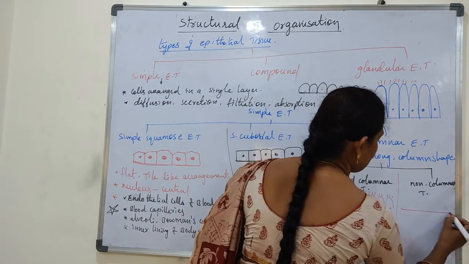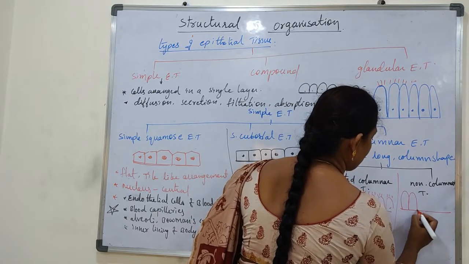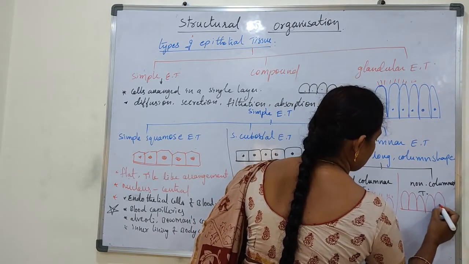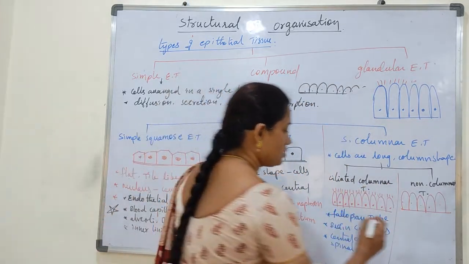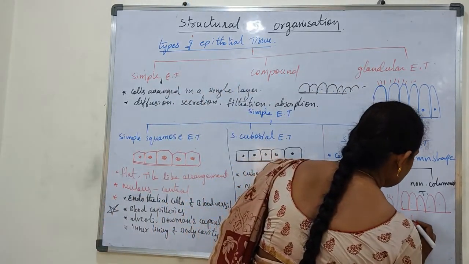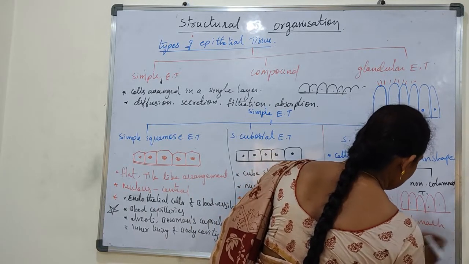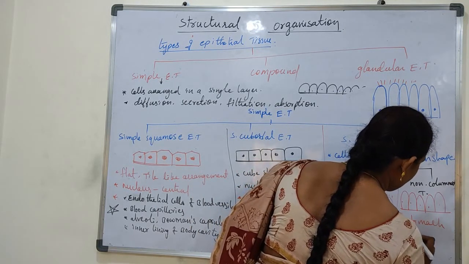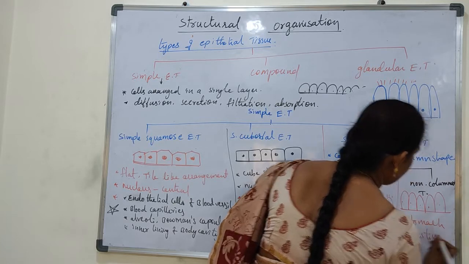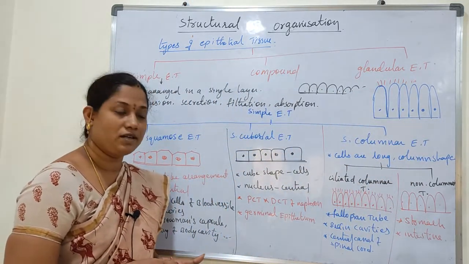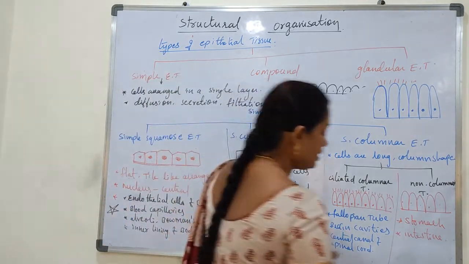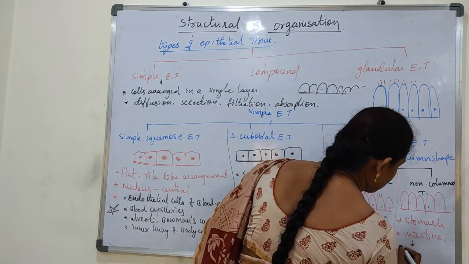Non-ciliated means the cilia are absent on the free surface. It is present in the stomach and intestine. The stomach and intestine are lined by non-ciliated epithelium. In the intestine, microvilli are present.